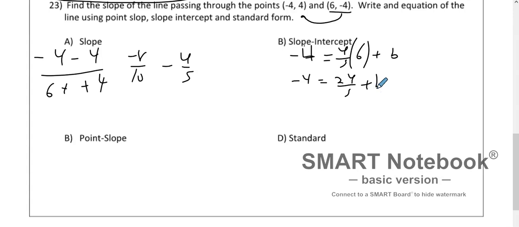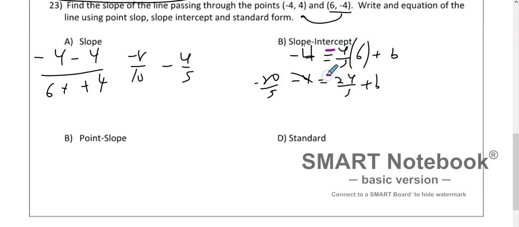Okay. Now, it gets kind of nasty here because I need to change this, have common denominators. Okay. So this is really negative 20 over 5, right? I apologize, my slope is negative.